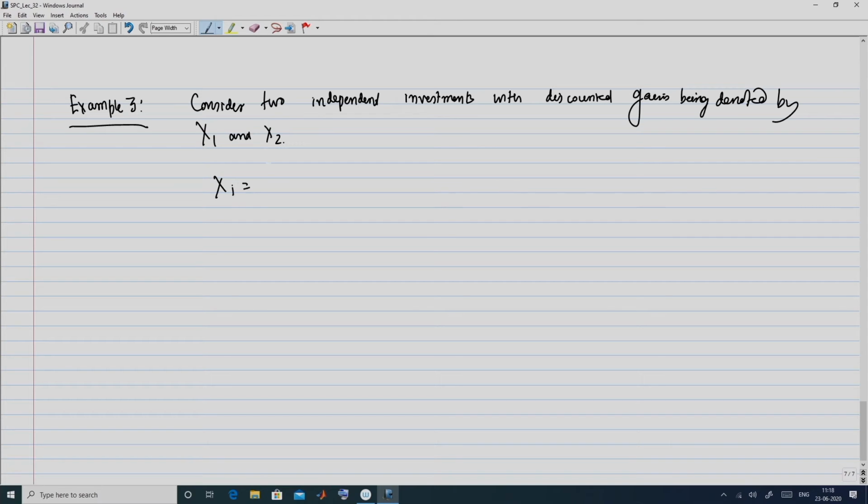And here I specify that in both the cases xi is equal to 0 with probability p, that means the discounted gain is 0 with probability p, and the discounted gain is 1 with probability 1 minus p. So, this is just a hypothetical example, and of course, this holds true for i equal to 1 and 2.